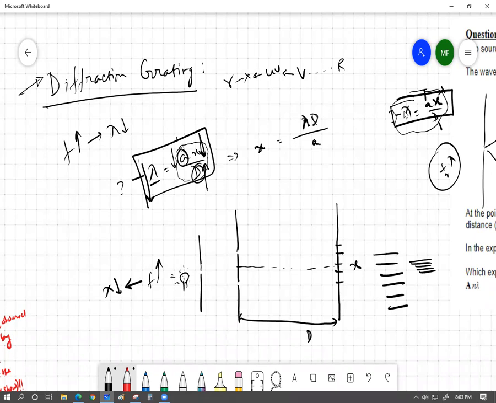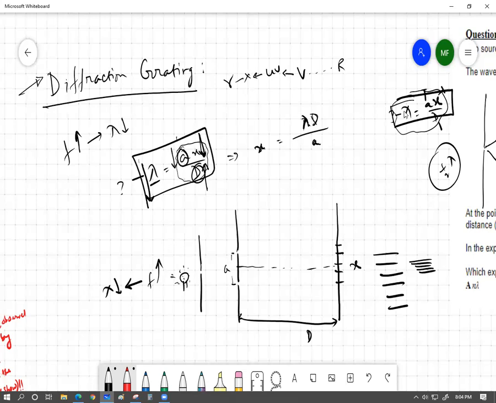I mean, I know the convention. The idea I'm trying to give you is that if we keep these two variables constant, one being the slit separation a, and the other being the distance between the source and the screen, and we just change the source from a low frequency light to a high frequency light, or in other words from a larger wavelength source to a smaller wavelength source, what change should we expect on the screen?